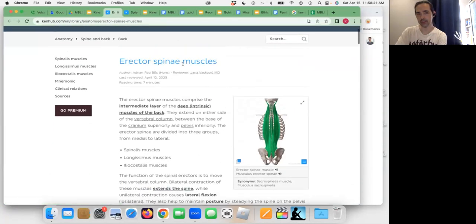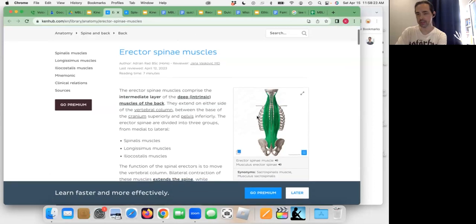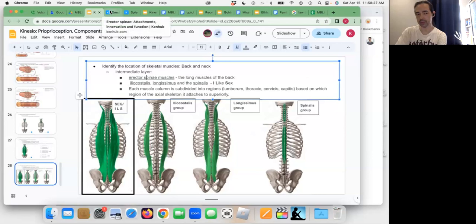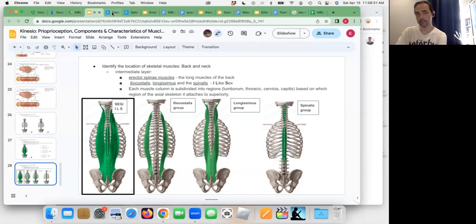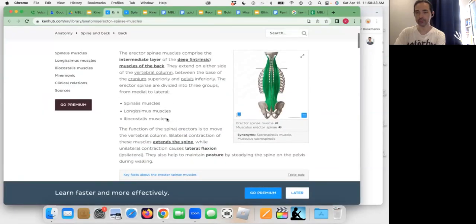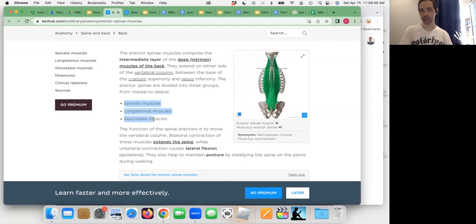If you go to the erector spinae muscles, you see this picture here, which is in our presentation, the first one there. It's the erector spinae group. It's important to go through this because you have to understand how it's organized. Below, you see the erector spinae are divided into three groups, from medial to lateral, and that is the spinalis, longissimus, and the iliocostalis.